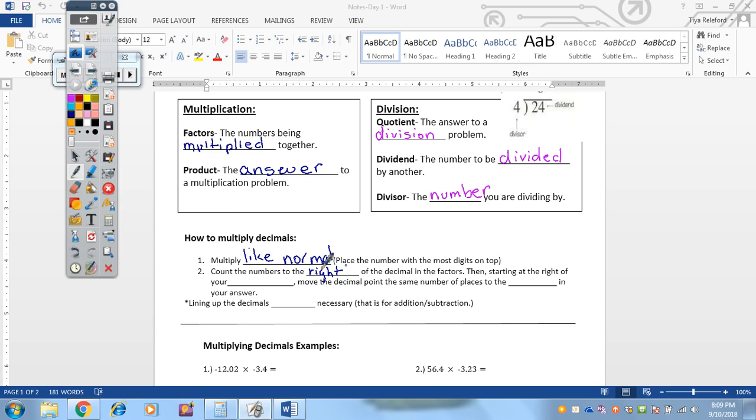Then starting at the right of your product, move the decimal point the same number of places to the left in your answer. Lining up the decimals is not necessary. If I went too fast, you need to hit pause. Fill in all these blanks.